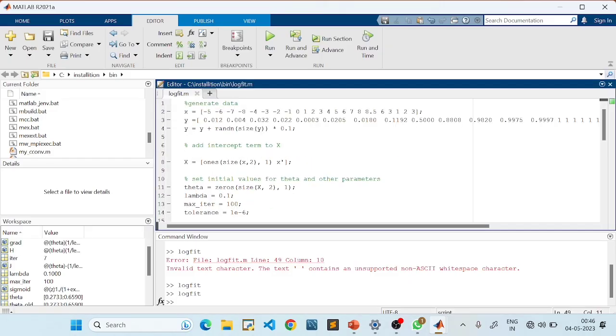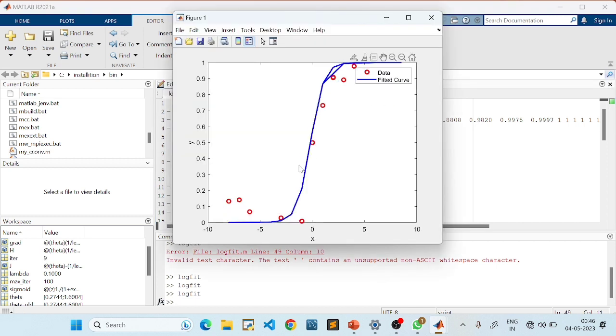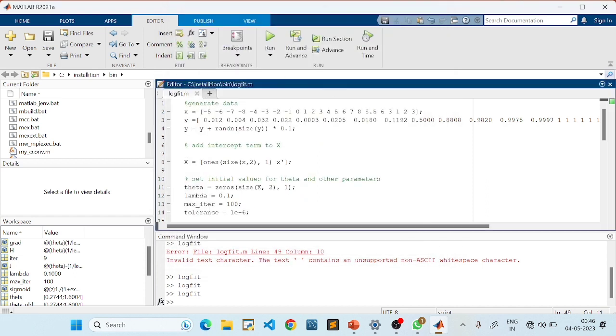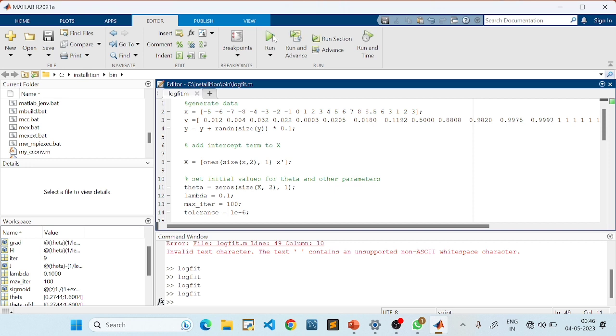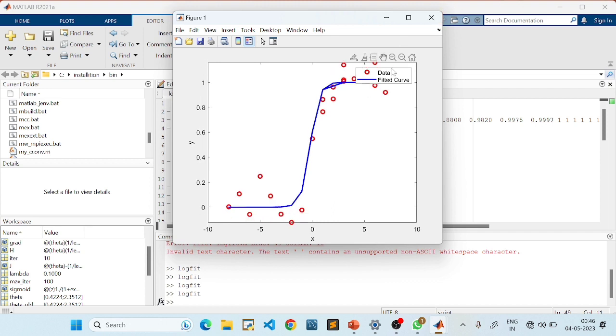This is the code that I have written, and this is how I am getting my best fitted curve. This is the best fitted curve that I am getting from the different data points that I have given.